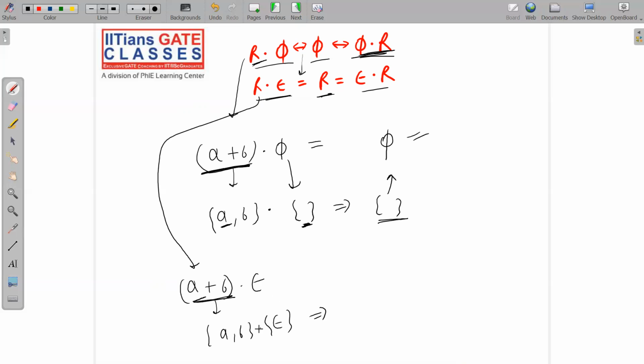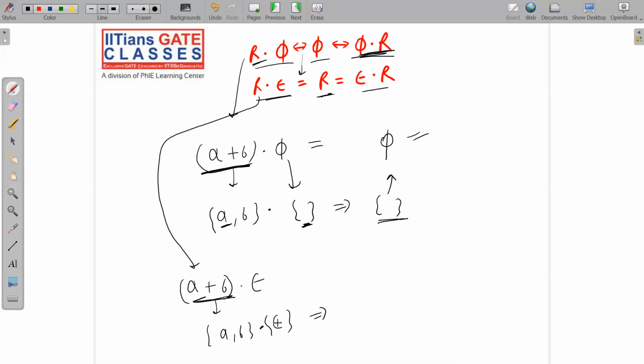Now you just do concatenation, because concatenation is done on sets only, no? So that's why I've written regular languages in set format, because regular languages are nothing but sets of strings. So a plus b is the regular expression, and a comma b represents the regular language, and null is the regular expression, and null represents the regular language.